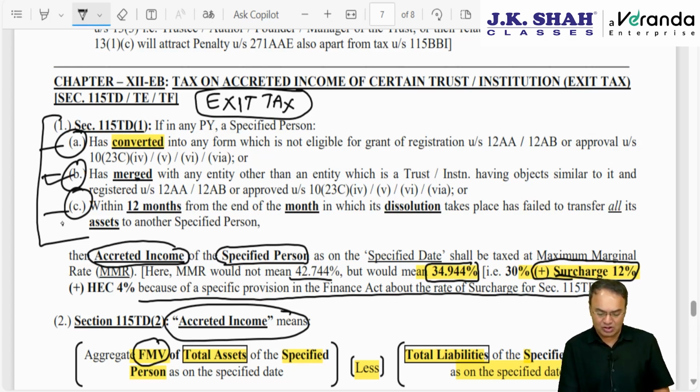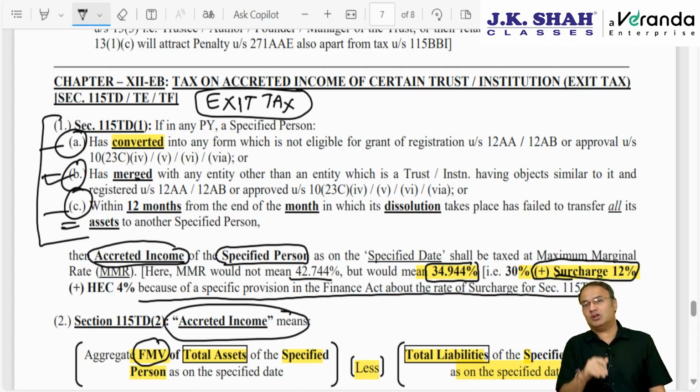In such a situation, what to do with the assets which are left with the trust? Up till now, the trust was going on since the past 50 years. So in the last 50 years, a lot of exemptions must have been claimed. Whatever assets are lying as of today with the trust which is getting dissolved must have been acquired out of exempt income on which exemption was claimed.